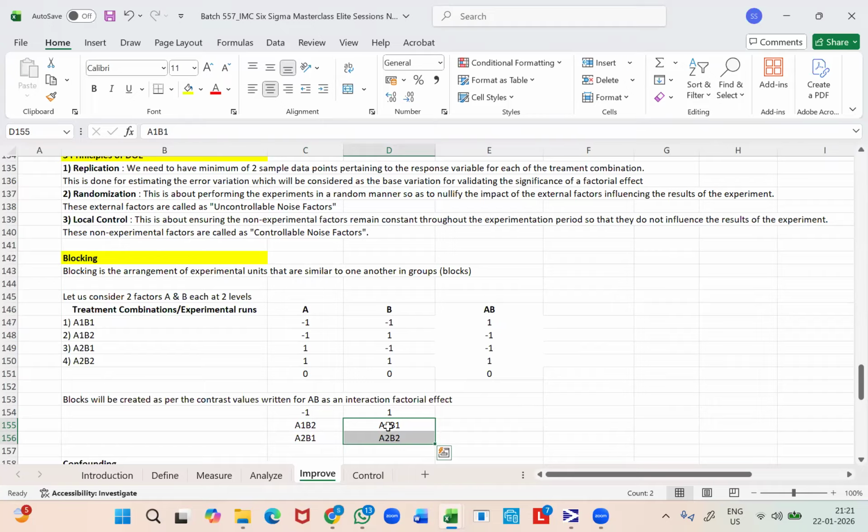So two different lots of milk can be used.